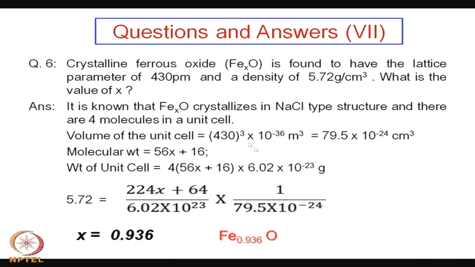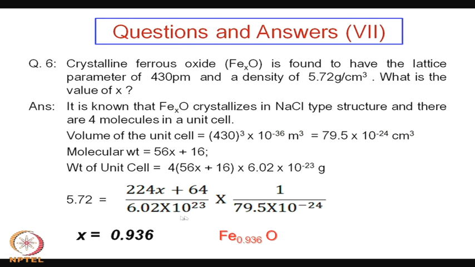Molecular weight of FeXO: 56 is the atomic weight, so 56x plus 16. And so, the weight of the unit cell is 4 multiplied by that, into the Avogadro's number, in grams. So, this is the weight of the unit cell, and that is the volume of the unit cell.